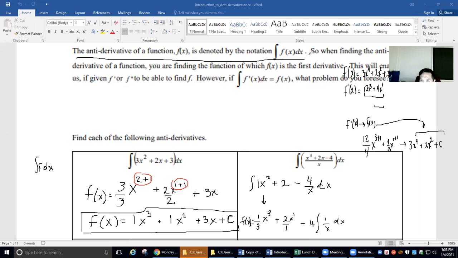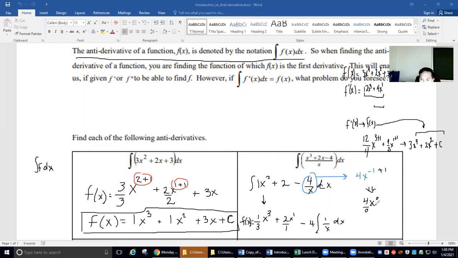If I were to rewrite this, just focusing on this part, I can write it as 4 times x to the minus 1 power. Now, we all know that what we're doing here is adding 1 to the exponent every single time. If I add 1 to this guy right here, I'm going to end up with 0. So to show that, I'm going to end up with this 4x to the 0 power, and you have to divide this by 0, right?